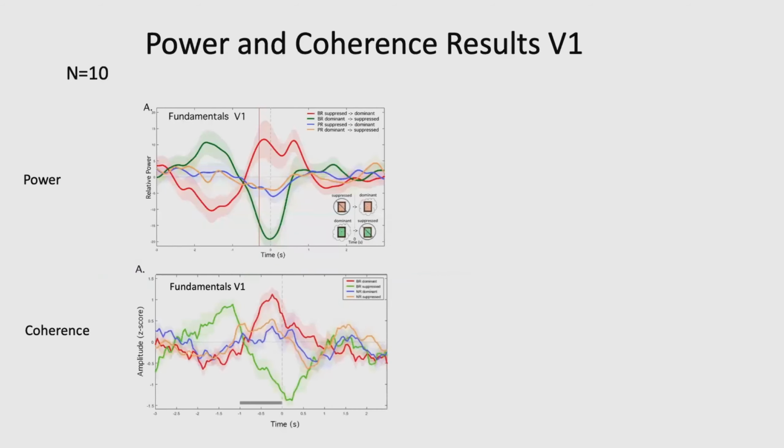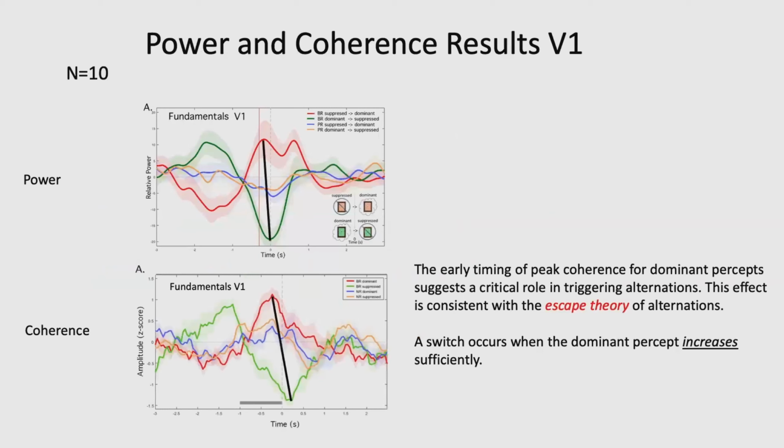But when we looked at it a little more carefully, we found it quite interesting to notice that there seems to be more of a time delay between the peak of the dominant coherence and the trough of the suppressed coherence. This is pretty interesting for people who think about how rivalry would be modeled, because there are two possible regimes that have been discussed.